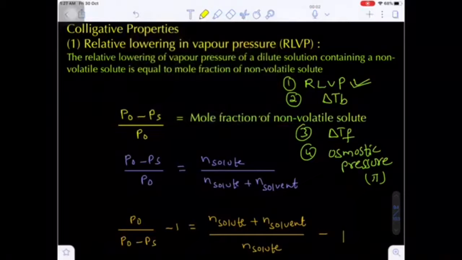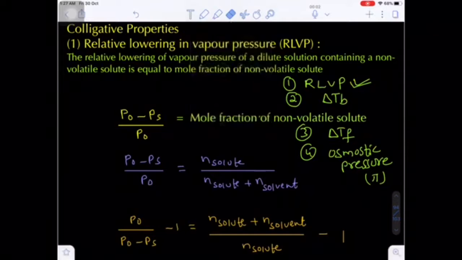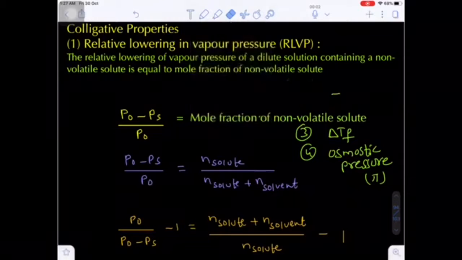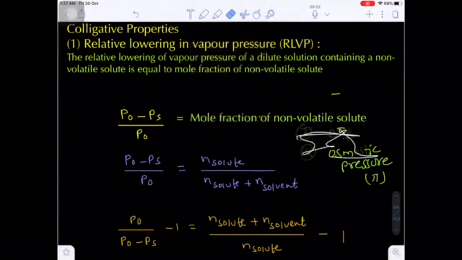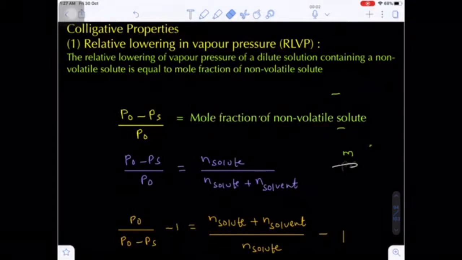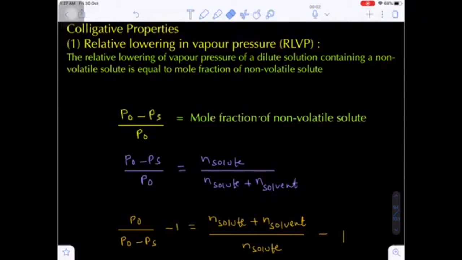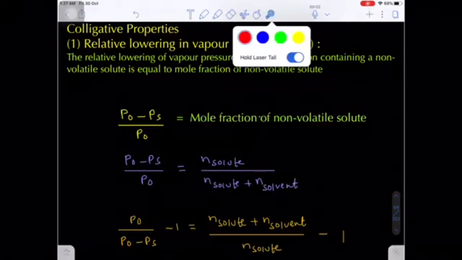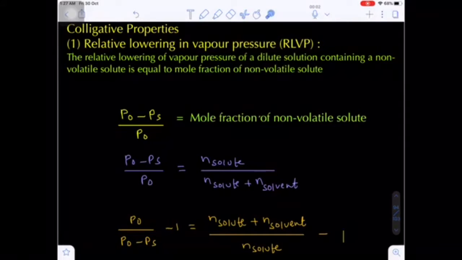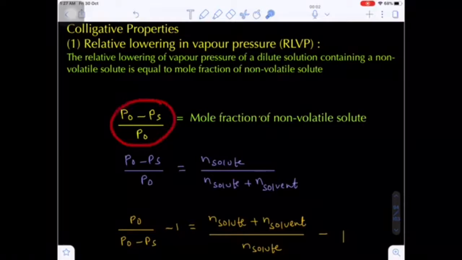That means the lowering of vapor pressure is P0 minus Ps, and dividing by the vapor pressure of the pure solvent, P0, is known as RLVP, relative lowering of vapor pressure. Yes or no?